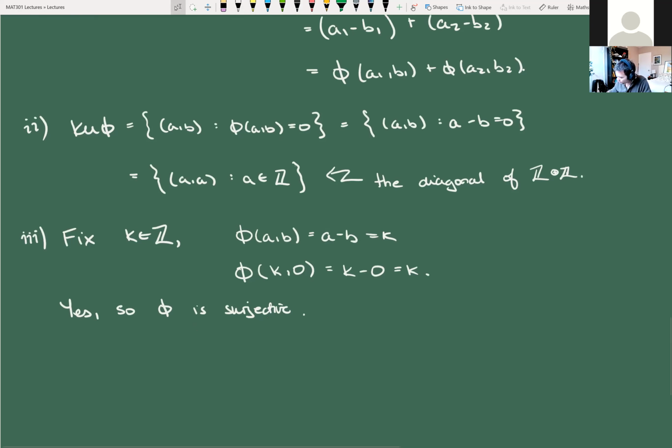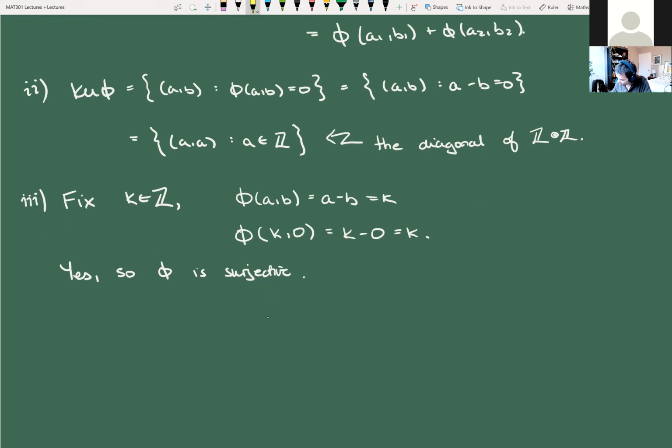So by the first isomorphism theorem, just again, this isn't part of the question, but as a nice aside, if I take Z plus Z and I quotient out by the diagonal, I'm going to quotient out by something, and that's going to be isomorphic to just Z. I could just write this as the kernel of phi.